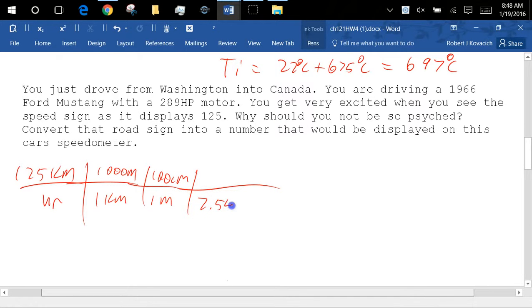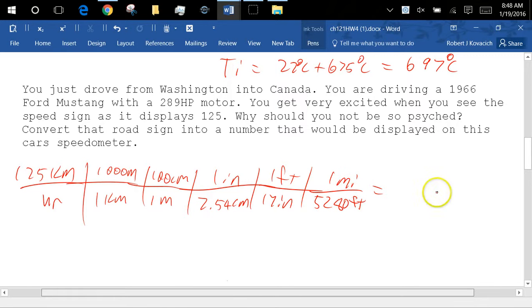And there are 2.54 centimeters in 1 inch, and there are 12 inches in a foot, and there are 5,280 feet in 1 mile.